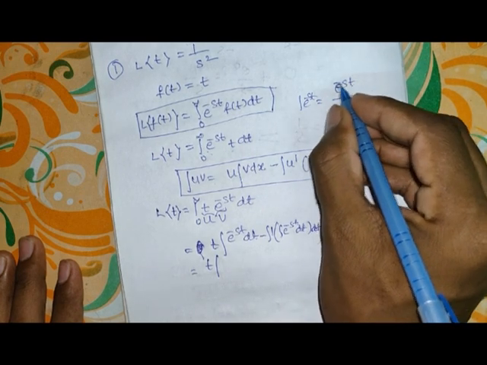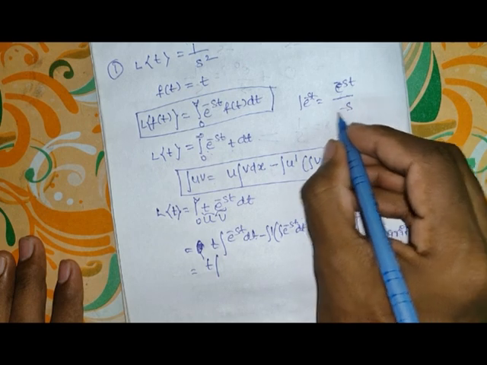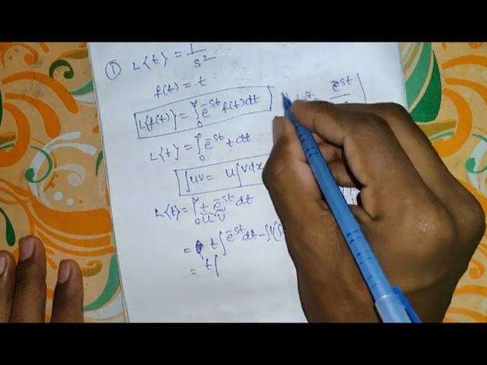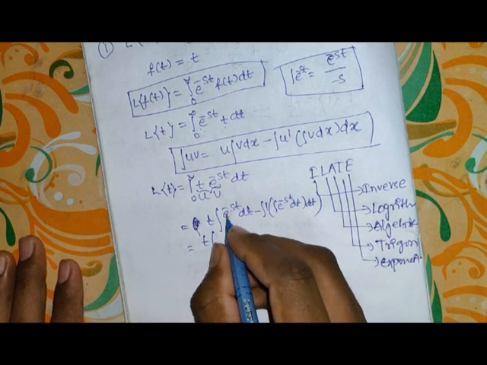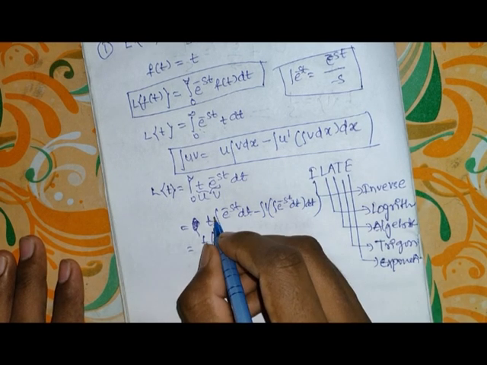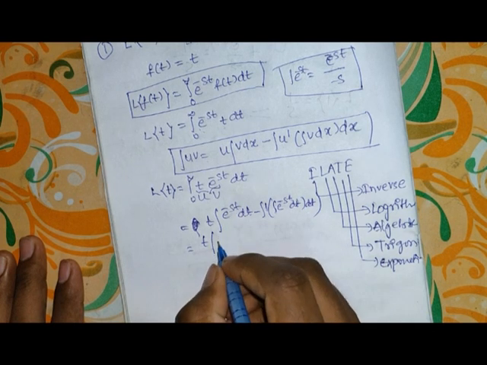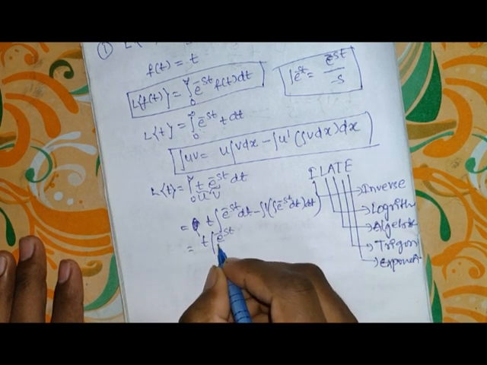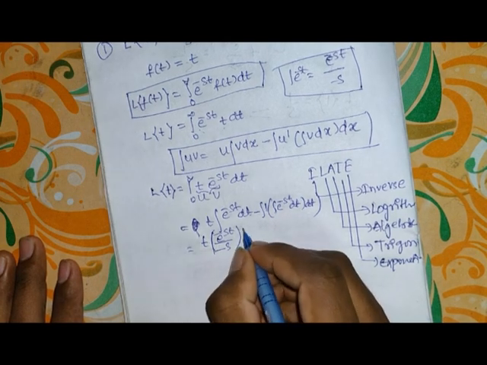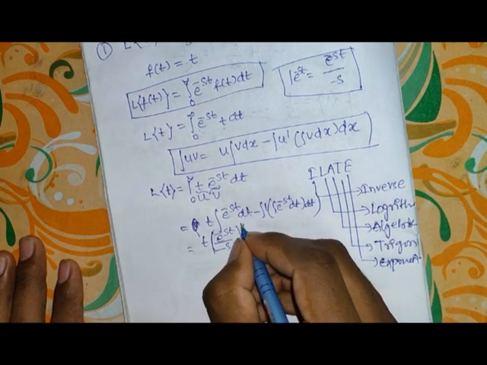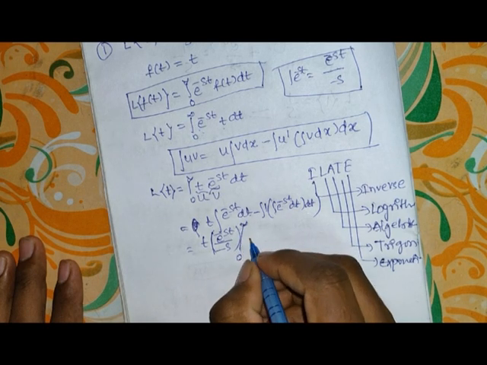Minus s. So guys, listen carefully. What is the integration of e^(-st)? It is e^(-st) by minus s, take the bracket, 0 to infinity.